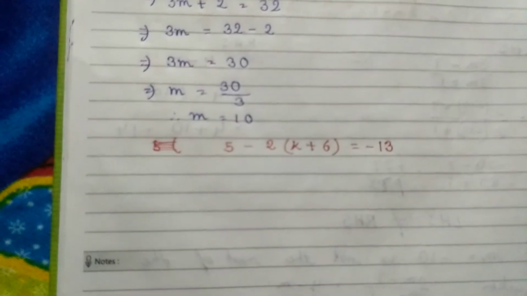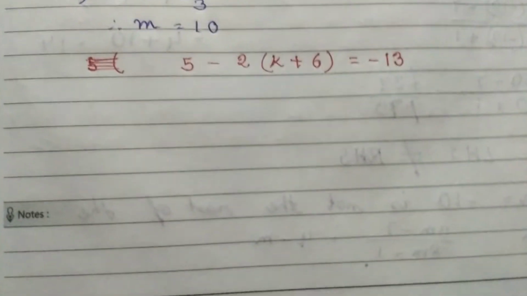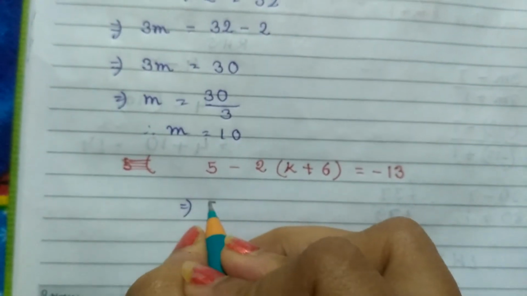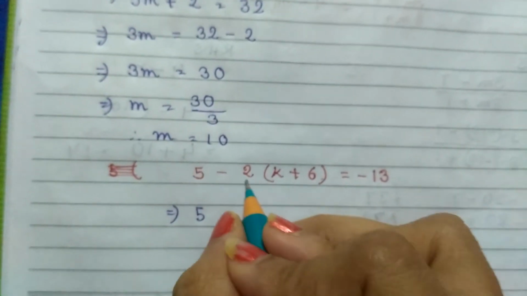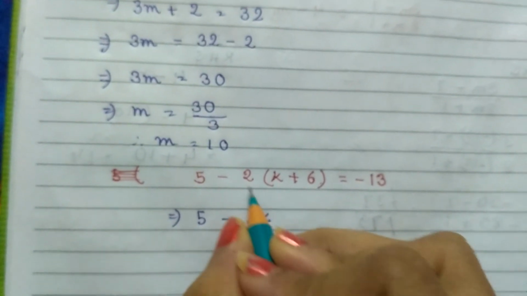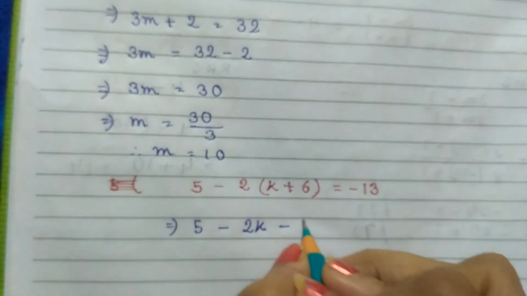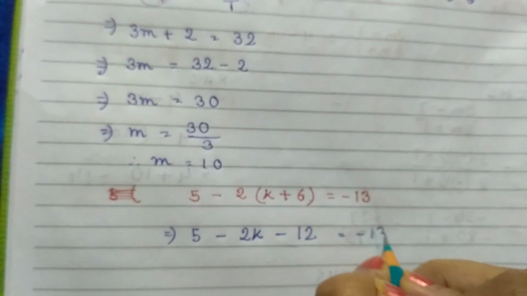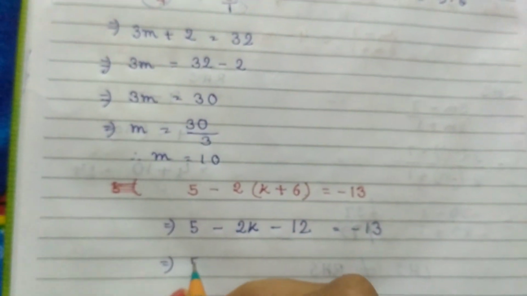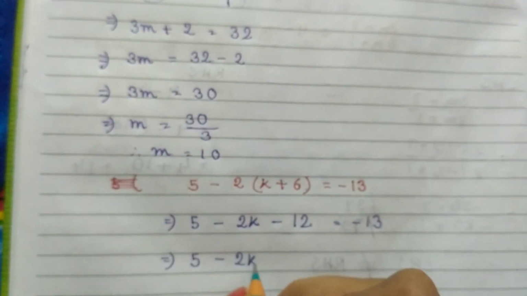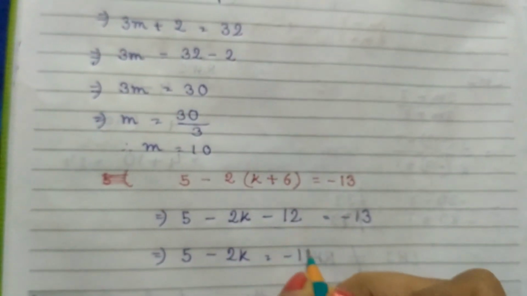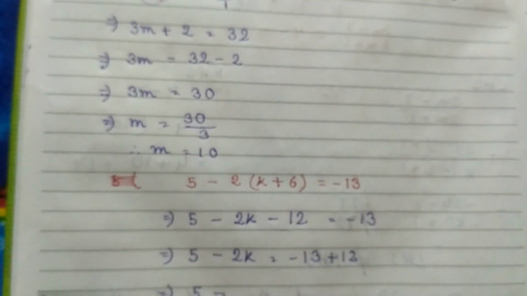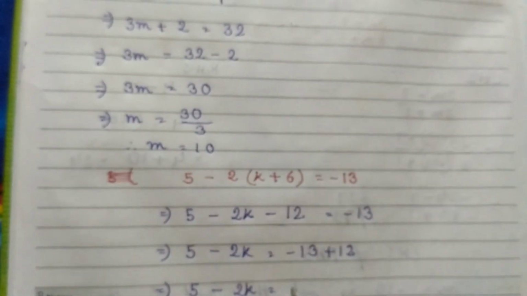And now we will do another question. Just see the question. It is 5 minus, now we will multiply it: 2 into k is 2k, and 2 into 6 is 12. Minus plus, that's why 12 will become minus here. Now 5 minus 2k, this 12 will go that side and you will get minus 1. 5 minus 2k equals to minus 1.